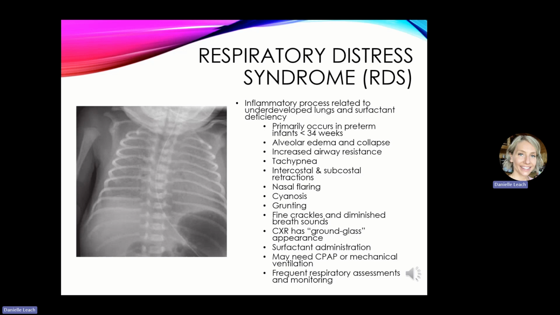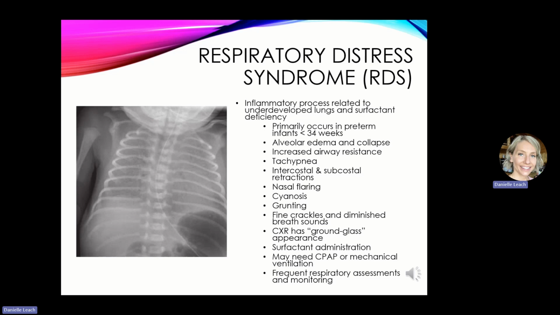But basically, we can put in an ET tube and bag down the surfactant through the tube to get it into their lungs. It's basically a liquid, a very small amount that you're putting into their lungs, and it's going to distribute throughout all of their lungs as you're bagging it in.